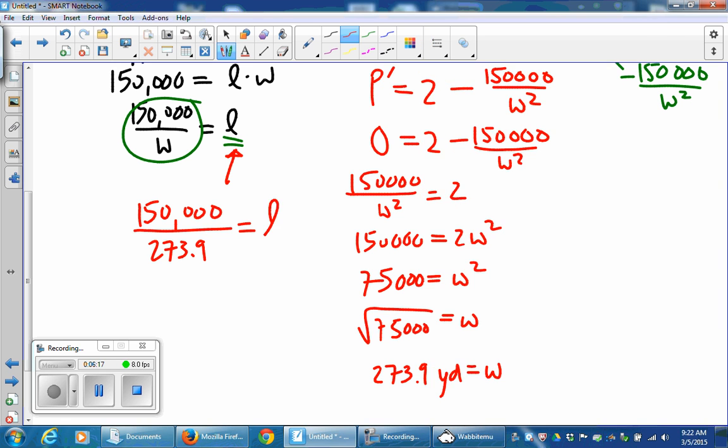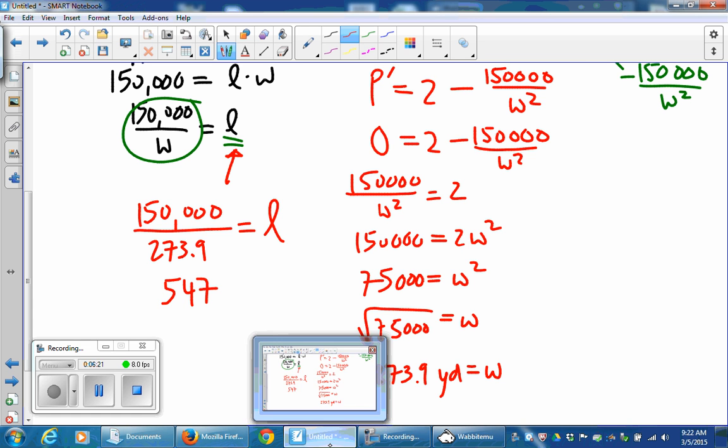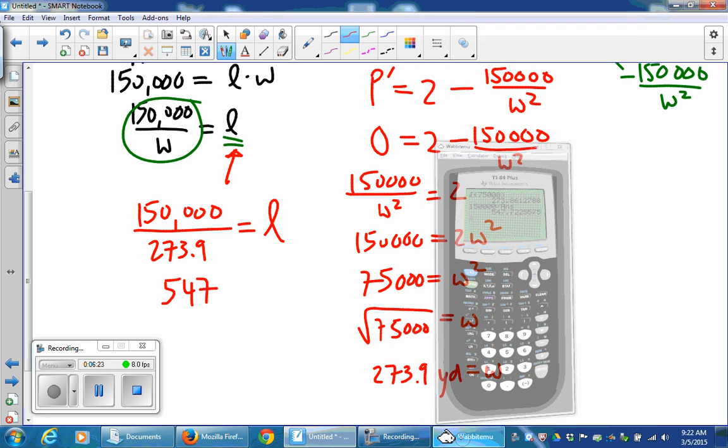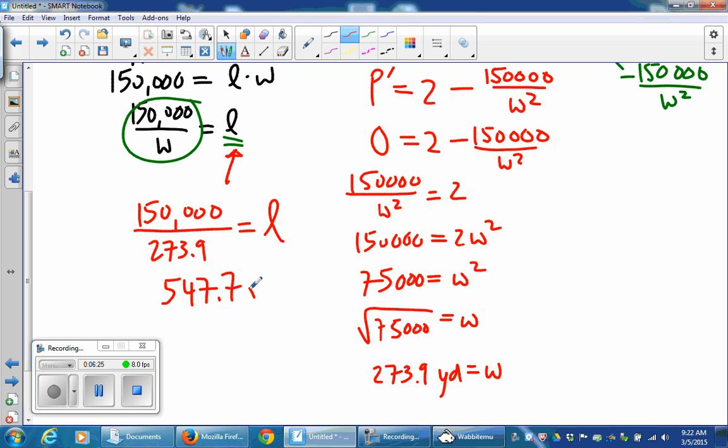That is your length. 547.7 yards is your length. And you are done.